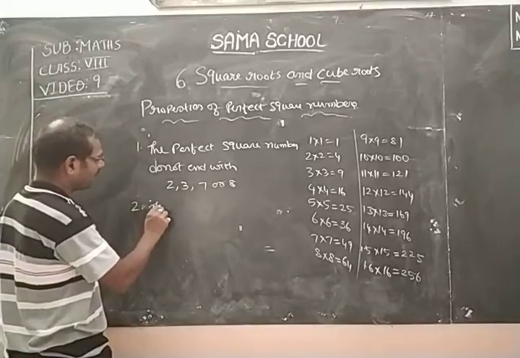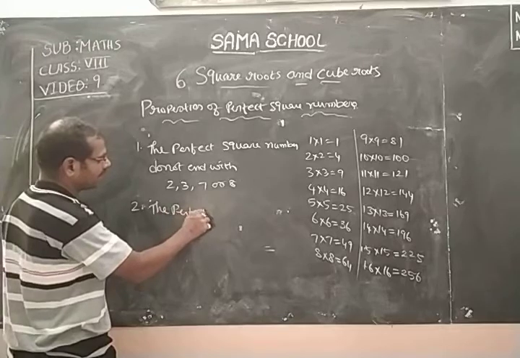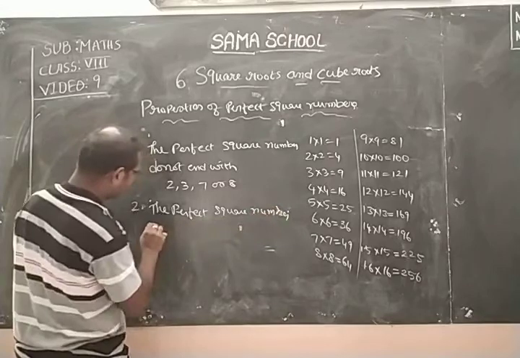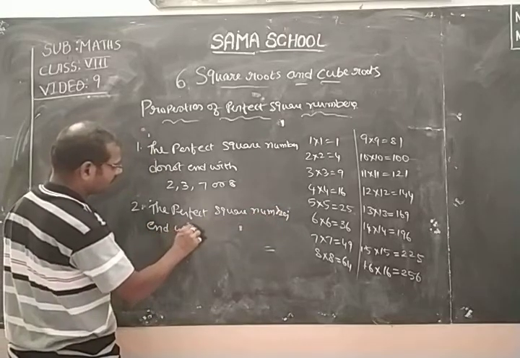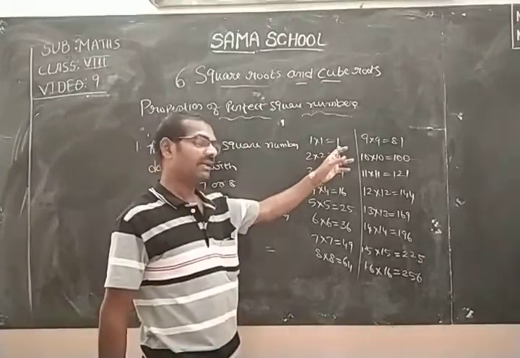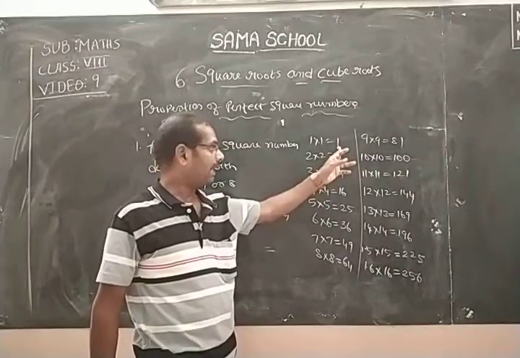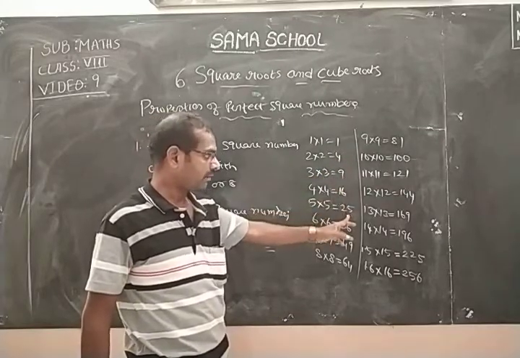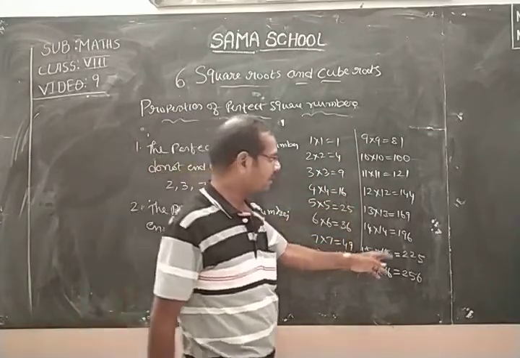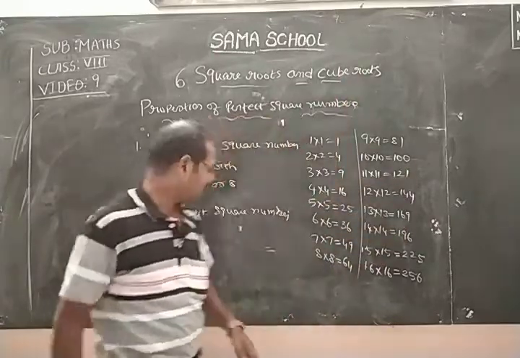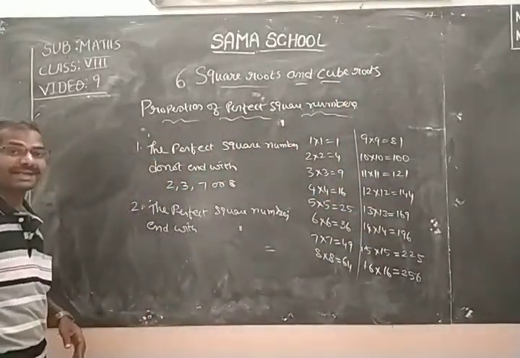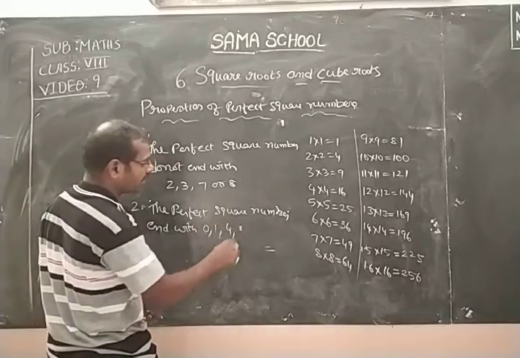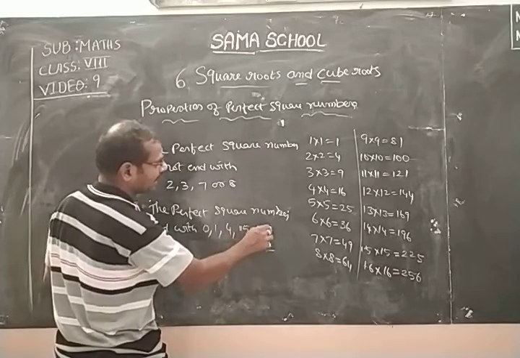Second property: the perfect square numbers end with 1, 4, 5, 6, 9, and 0. Perfect square numbers definitely end with 0, 1, 4, 5, 6, 9.